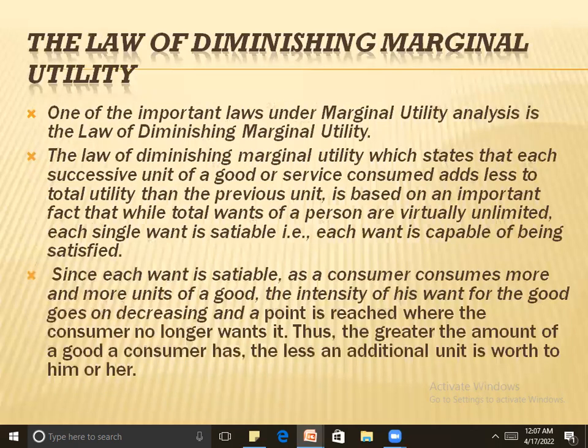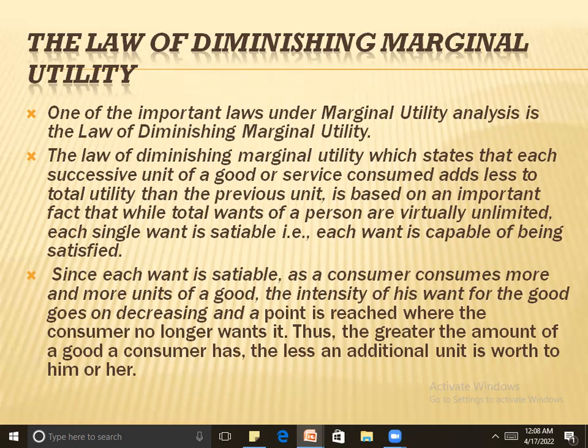So, next, the law of diminishing marginal utility. One of the important laws under marginal utility analysis is the law of diminishing marginal utility. The law of diminishing marginal utility, which states that each successive unit of a good or a service consumed adds less to the total utility than the previous unit, is based on an important fact that while total wants of a person are virtually unlimited, each single want is satiable.